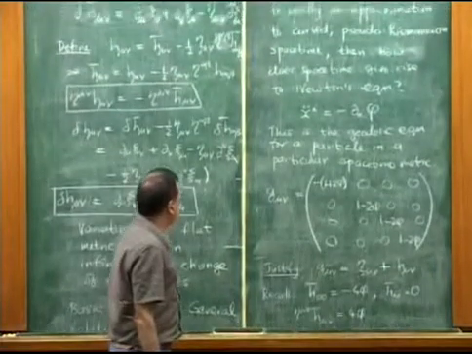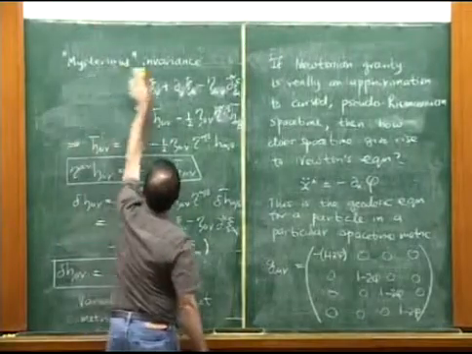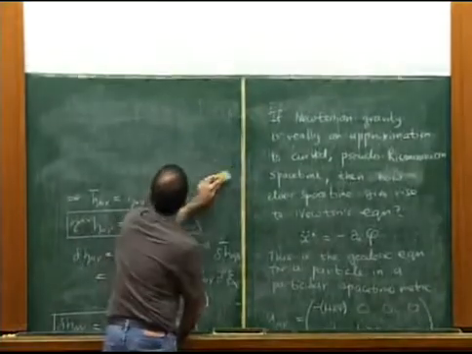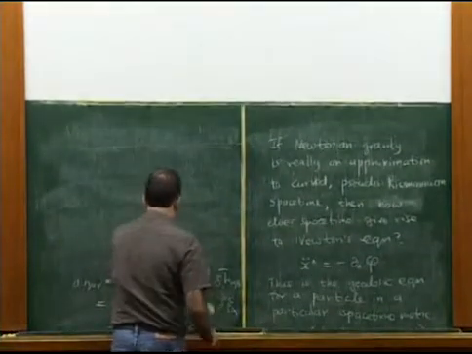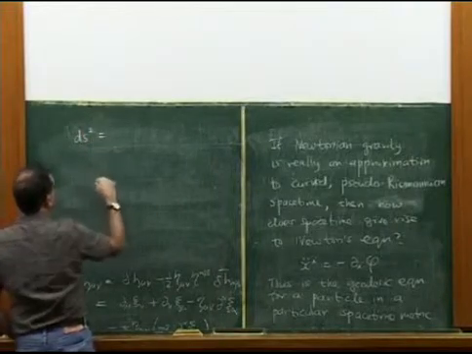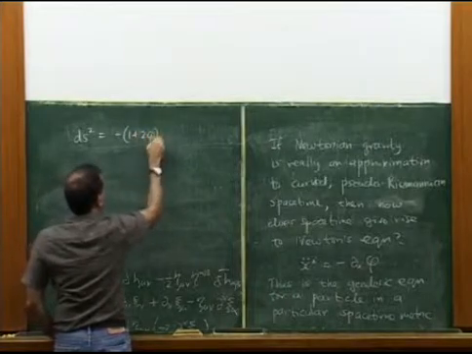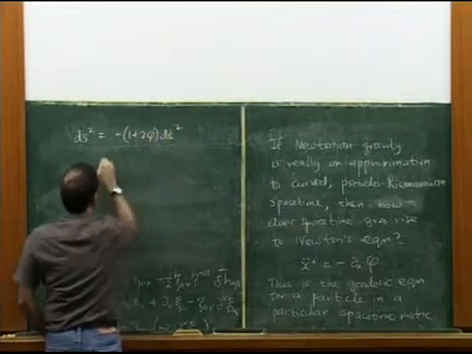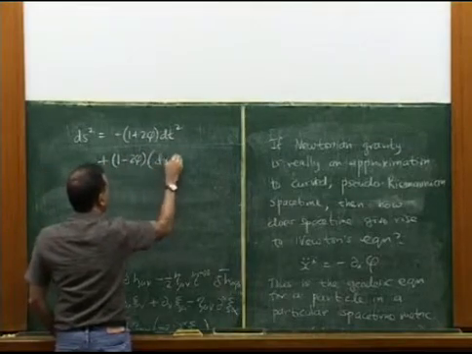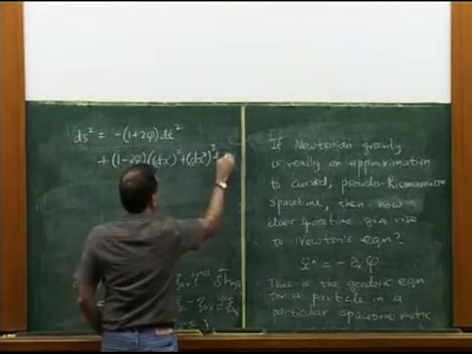Just for you to get used to different ways of writing things, another way to specify the metric is to write it in terms of the line element, the Minkowskian or pseudo-Riemannian line element: ds squared is minus 1 plus 2 pi dt squared plus 1 minus 2 pi times dx1 squared plus dx2 squared plus dx3 squared.